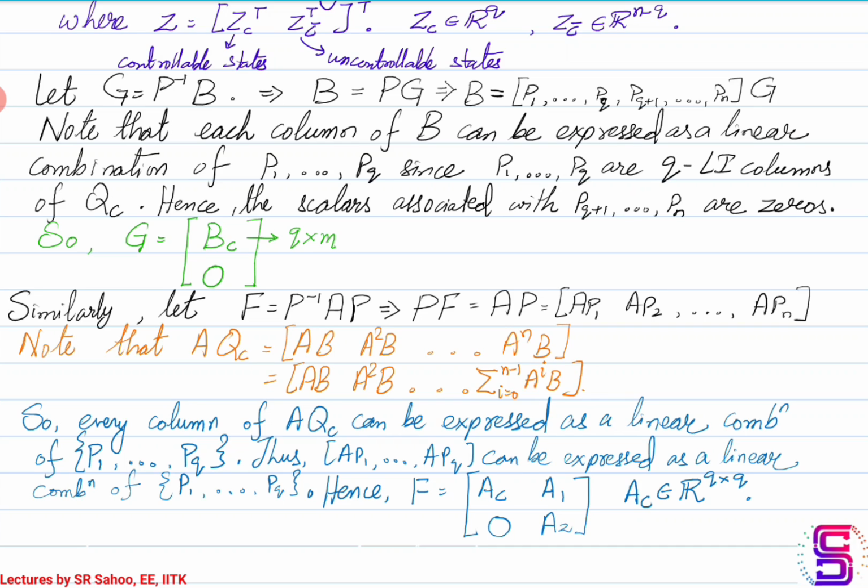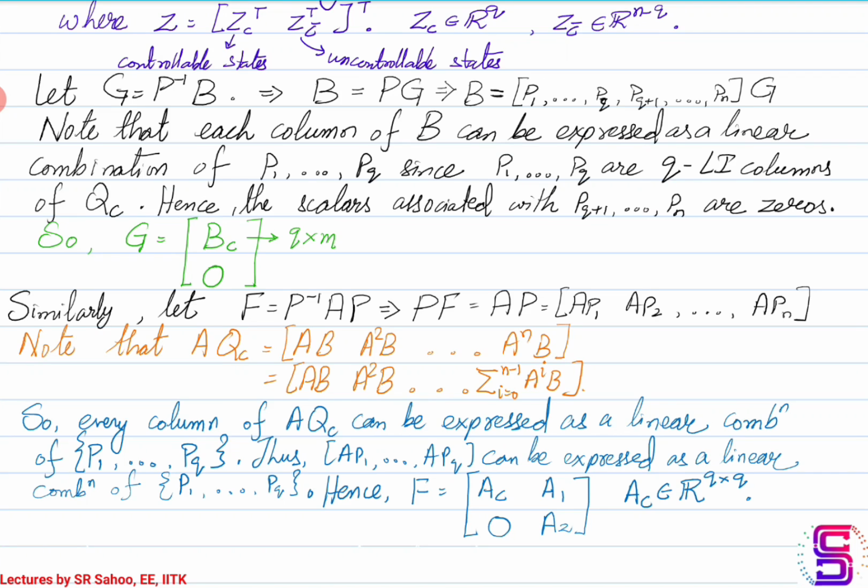Okay. So from this, what we get is that the first q columns of the matrix F will be such that the last n minus q entries will be 0. Hence F has this nice structure of AC, A1, 0, A2, where AC is a real q cross q matrix.